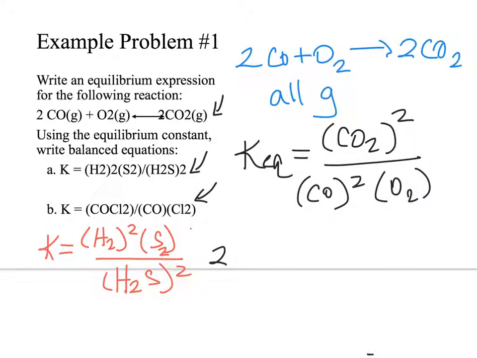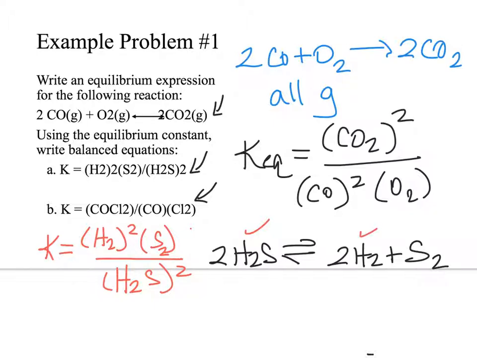So I have 2 hydrogen sulfide, this is in equilibrium, goes to 2 hydrogen plus sulfur, and that's S2. We would assume all of these are in the gas phase. I could add that bit of detail if I wanted to. If I did it correctly, then the reaction should balance. I have 4 hydrogen on both sides. Okay, so we're good there. 4 hydrogen and 2 times 1 sulfur, 2 sulfur, so we are good. It is balanced.